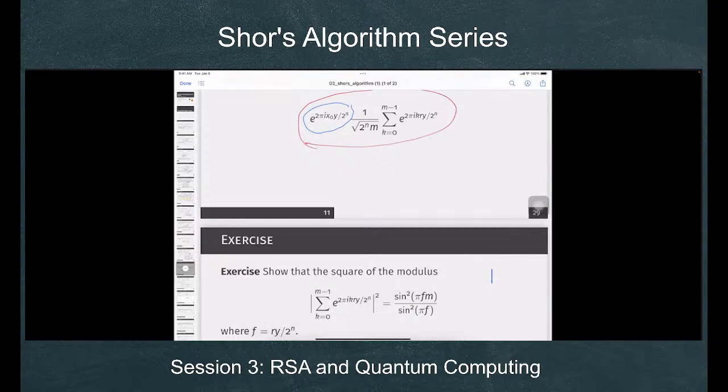So that factor there, when I say square of the modulus, what do I mean? What I mean is, let's do this so that you'll understand. What's the square of this one?